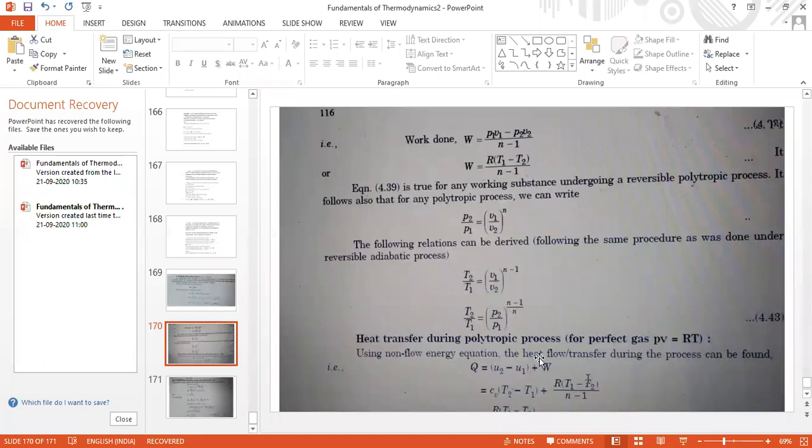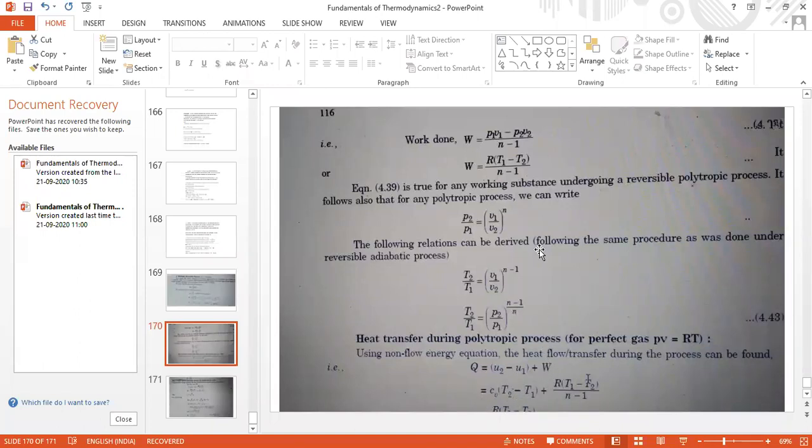Now heat transfer during a polytropic process. A polytropic process is different from a reversible adiabatic process, where there is no heat transfer, but in a polytropic process there will be heat transfer. Again, we use the first law of thermodynamics, Q equal to U2 minus U1 plus W. For every process, you can write dU as Cv (T2 minus T1).